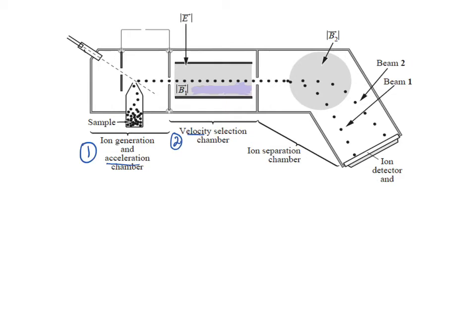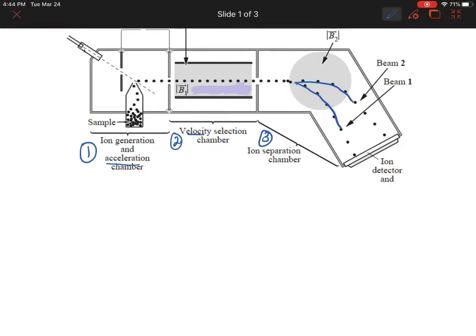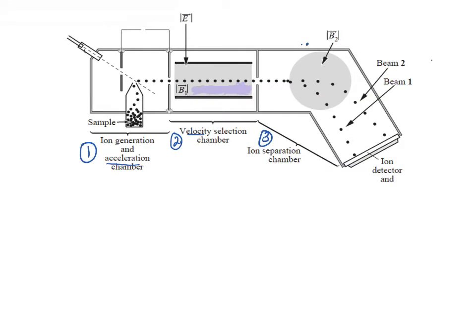And then we have our separation chamber. So we see these two beams separating into these two different paths. So that's why it's called the separation chamber, because obviously it's separating the different types of ions into different paths, and we'll go over how that's working in a bit. Okay, but let's start from the beginning, the acceleration chamber.